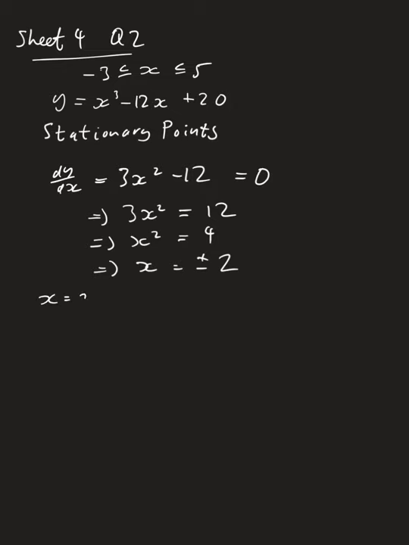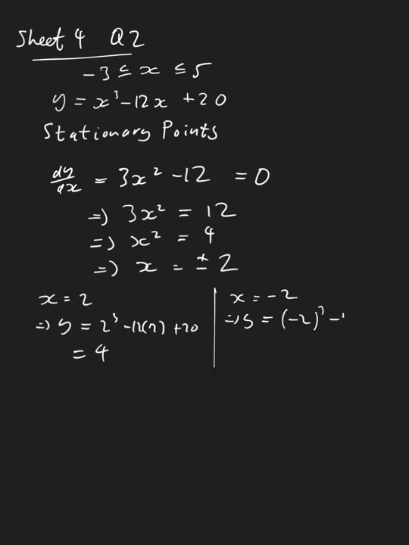So x squared equal to 4 gives us two solutions for x, plus 2 and minus 2. So x equal to 2 gives me y equal to 2 cubed minus 12 times 2 plus 20, which is equal to 4. x equal to minus 2 gives me y equal to minus 2 cubed minus 12 times minus 2 plus 20, which is equal to 36.